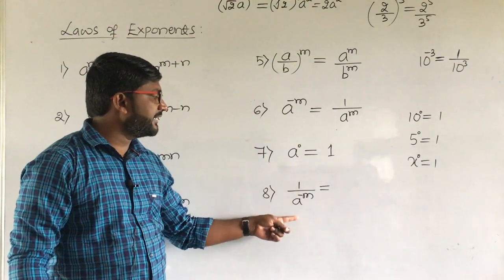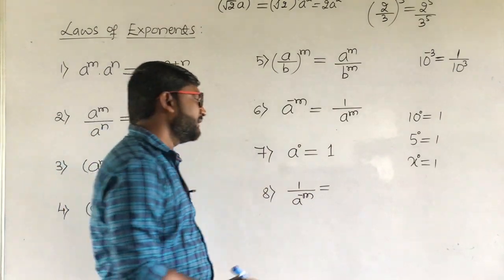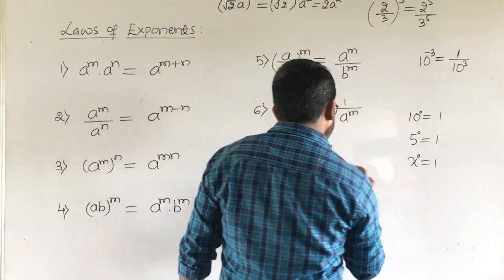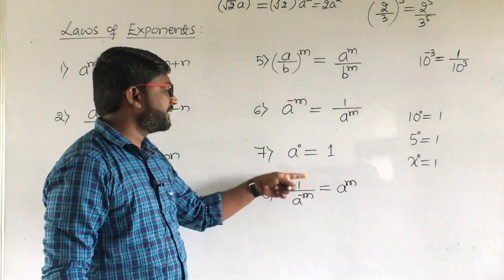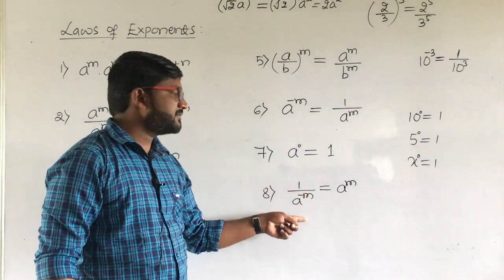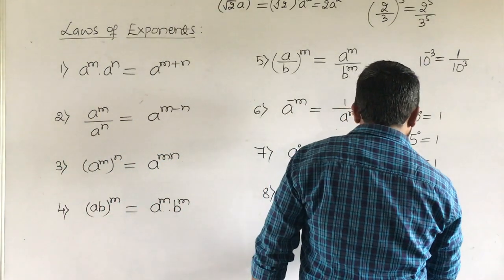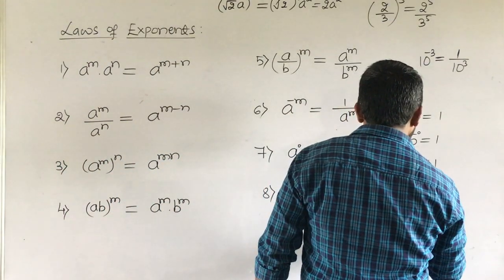So the next one, it is 1 divided by a raised to minus m, which can be written as a to the power m. So take this to the numerator. So here minus m becomes plus m. For example, 1 divided by 10 to the power minus 3.